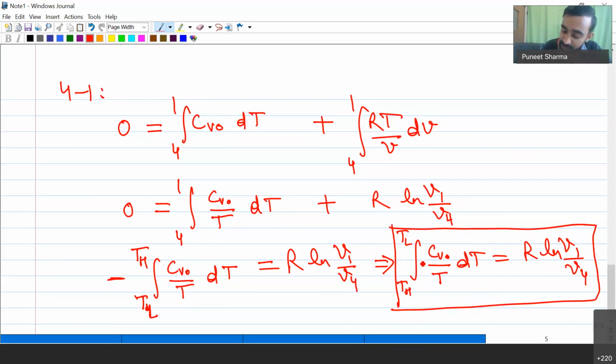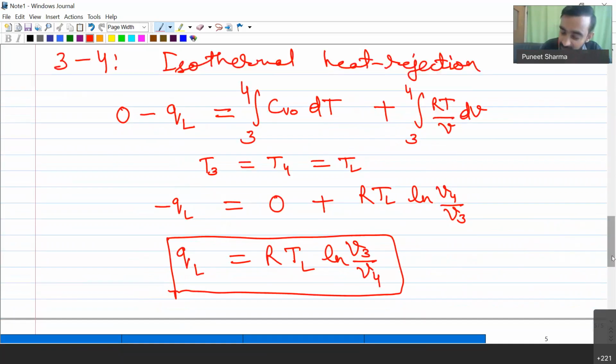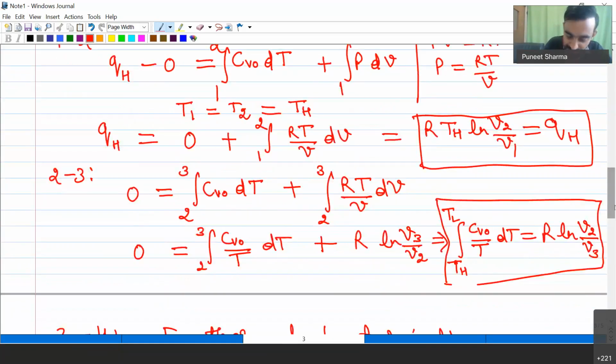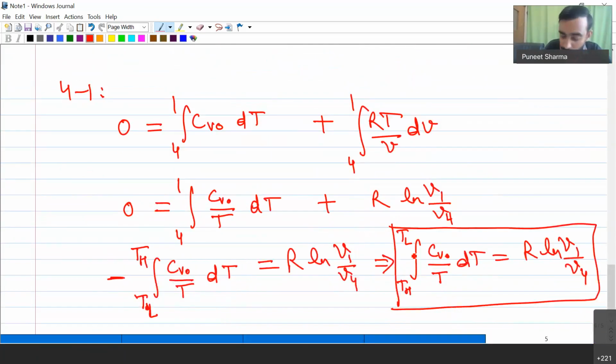Now, if you compare this equation for 4 to 1 with the earlier equation which we derived for process number 2 to 3, we will find that the left hand side of both equations is the same: the integral of CV naught by T dT from TH to TL. This we have got for 2 to 3, and the same left hand side we have got for process number 4 to 1 also.